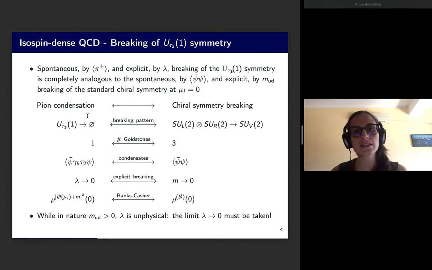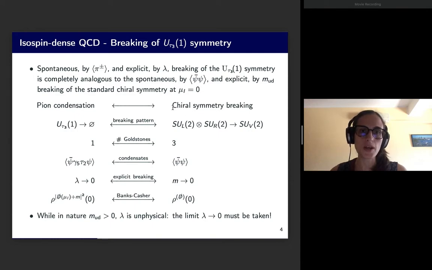In that case, the spontaneous breaking of the symmetry at low temperatures is signaled by a non-zero value of the chiral condensate. And on top of that, since your light quarks have a non-zero mass, the masses are enforcing an explicit breaking of that same symmetry. So it is really such that one can write down a dictionary between these two cases.